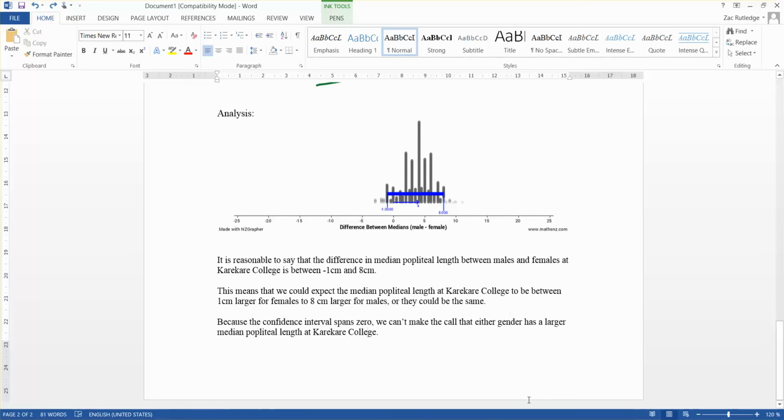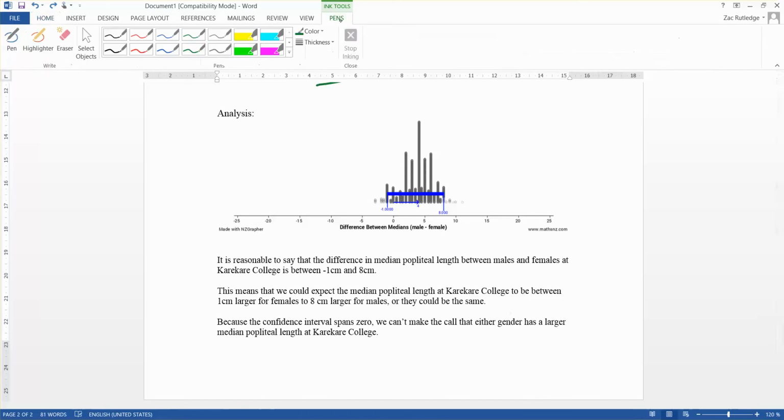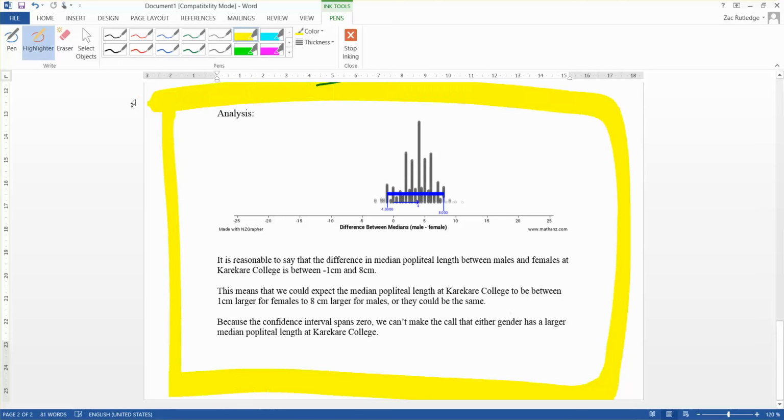And that's it. Right here in this box that I'm about to draw is the point of our lesson today, and it's really the answer to any investigation that starts with the problem, I wonder if there's a difference between. Now, just as we finish, I want to point out some important things that I've put in my writing. I've made sure that it's always the median popliteal length that I'm talking about, because it's really important that we know that our investigation is about median popliteal lengths.